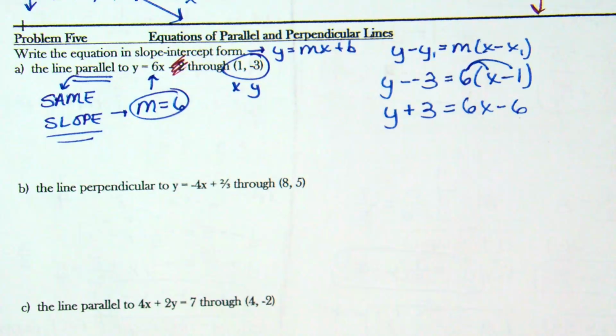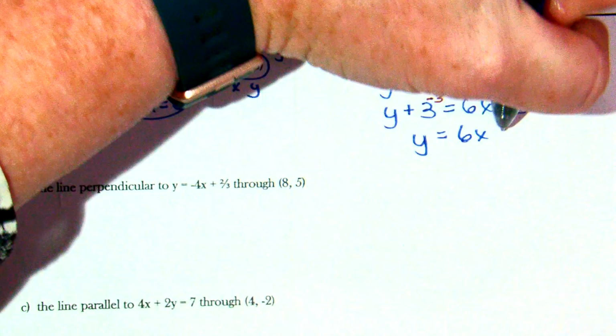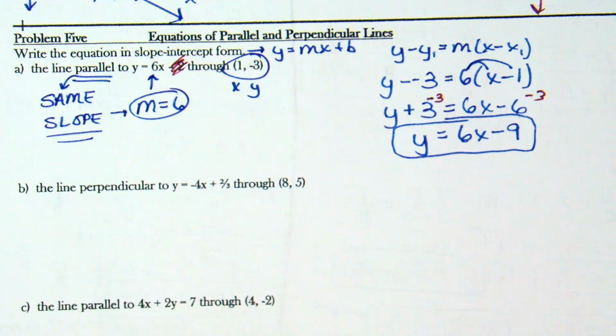Okay. I would have loved to have gotten one more example in, but before you close up shop, notice the next problem. Perpendicular. You remember? Opposite, reciprocal. So, real quick, what is the given slope? The given slope is negative 4.